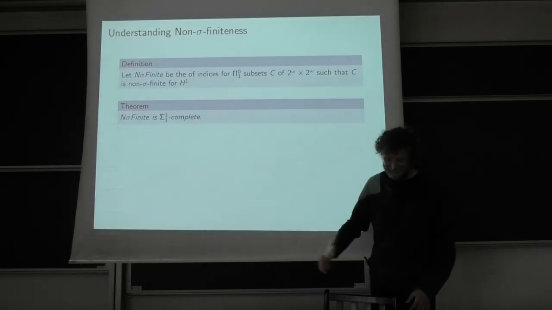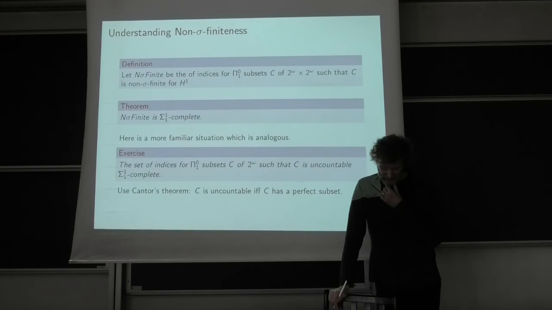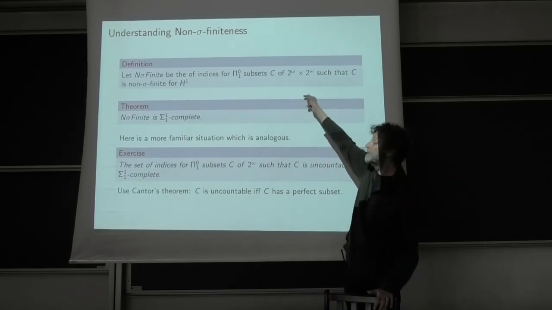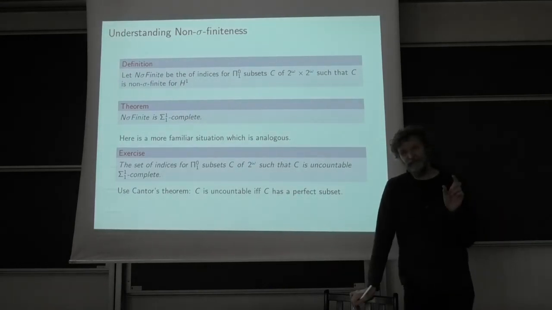Okay, so what's the proof that it's sigma 1, 1 complete? Here's an analogy. When you analyze closed sets, closed subsets of the Cantor space, there's the theorem that I already mentioned, Cantor's theorem.